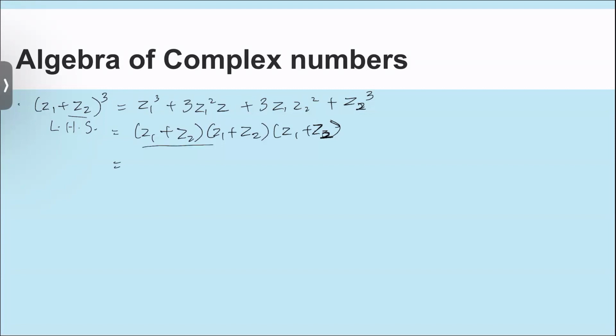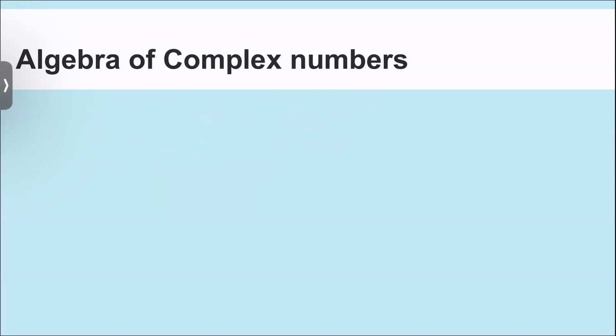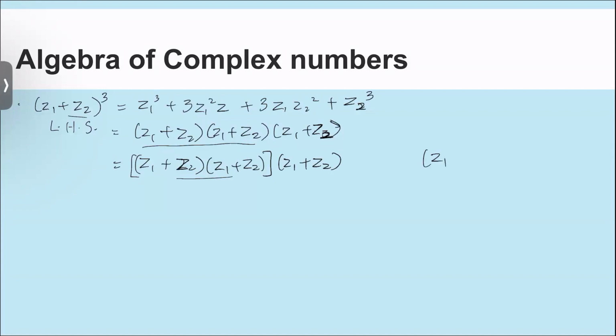Now, first we take this part, (z1 + z2) times (z1 + z2), and keep the remaining (z1 + z2) outside. This is of the form (z1 + z2) the whole squared. We have already seen this identity, or you can use the distributive law, associative law, and commutative law and solve it individually.